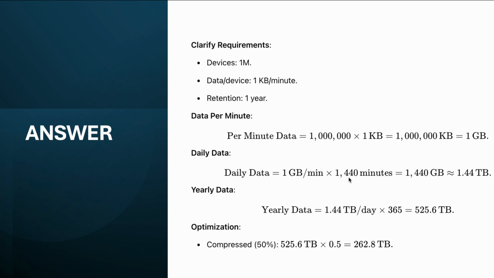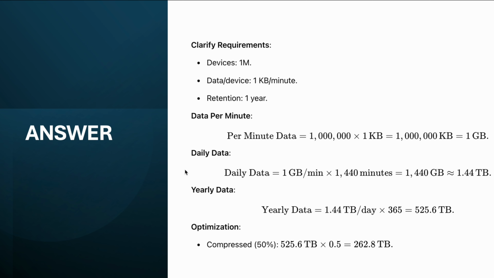Now if you roughly say that these three digits are three zeros, it would be around 1.4 terabytes of daily data. So this is daily data. Now for yearly, we just multiply daily by 365, so it would be 525.6 TB of data.